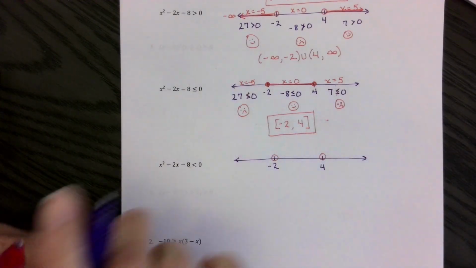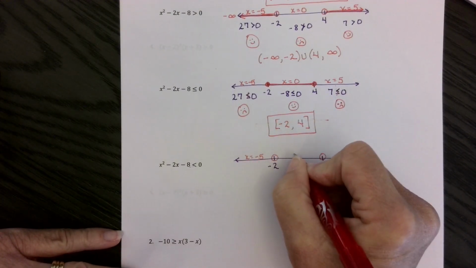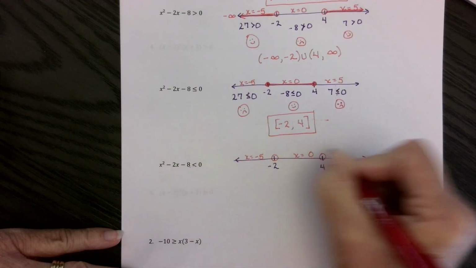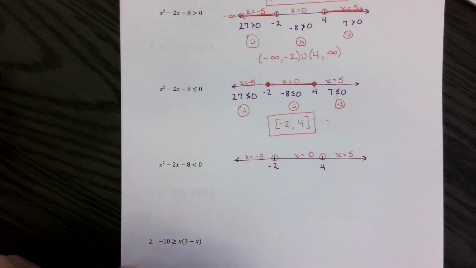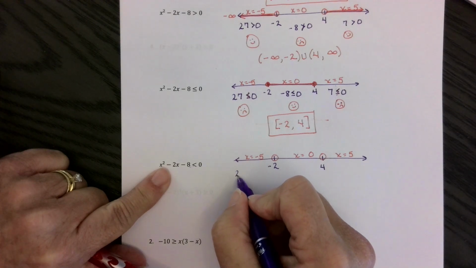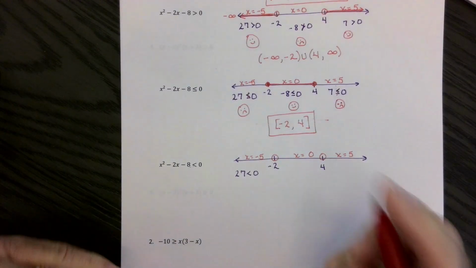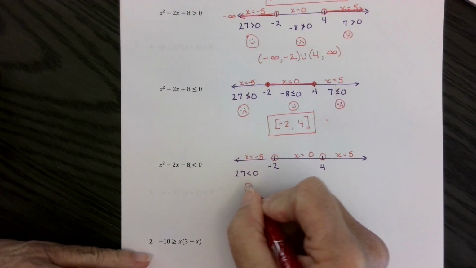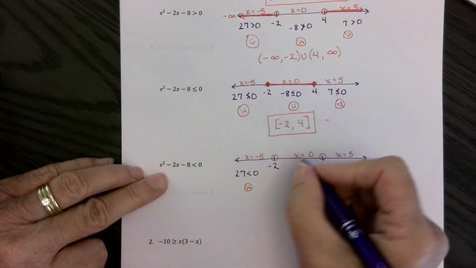So if I take x equals -5, still x equals 0, and x equals 5, okay? So again, when I plug in -5 into here, I'm going to get 27. Is 27 less than 0? No. When I plug in 0 in here, I'm going to get -8.